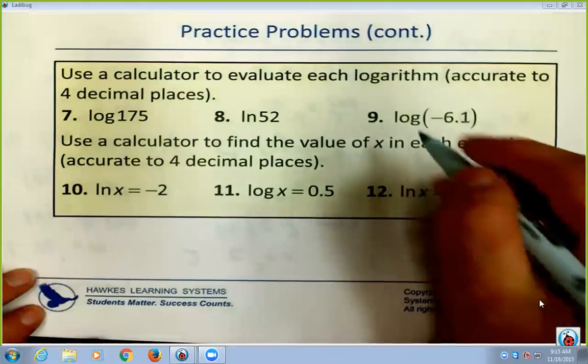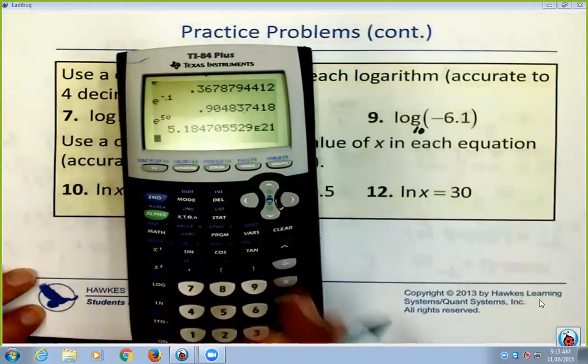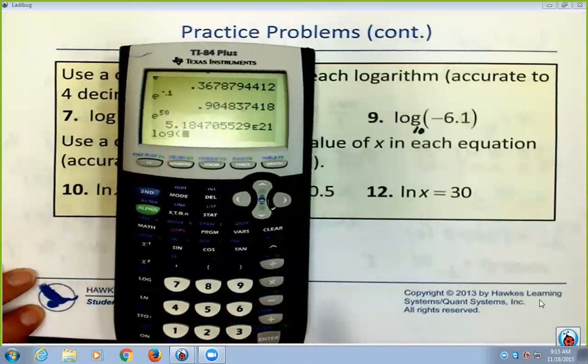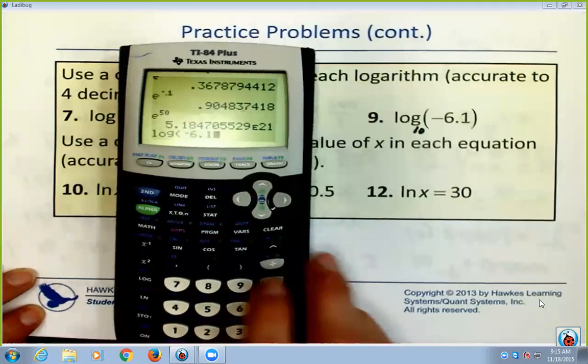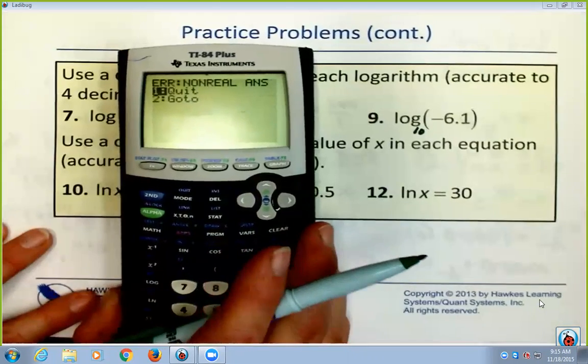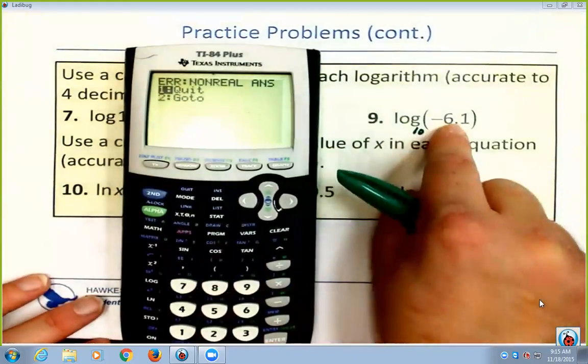Number 9 at the tail end, let's just put that one on our calculator and see what we get. Because in number 9, I've got to do a negative 6.1, close the parenthesis, hit enter. This is what I was telling you about that comes out as an error. Number 9 is an error one because we can't do logs with negative numbers.